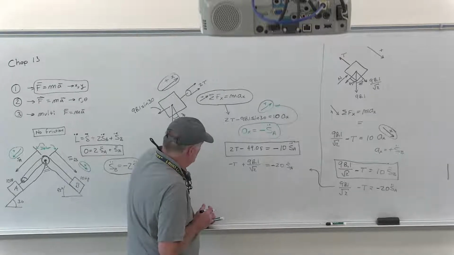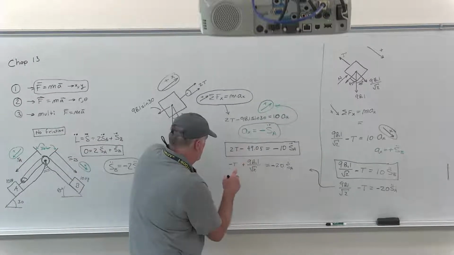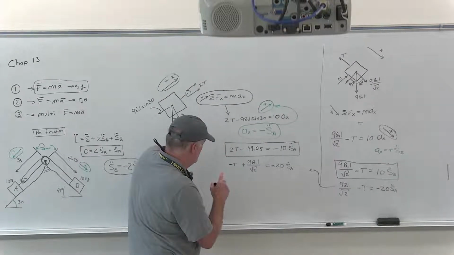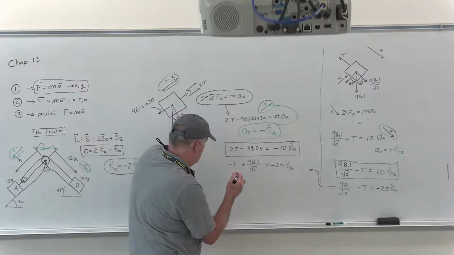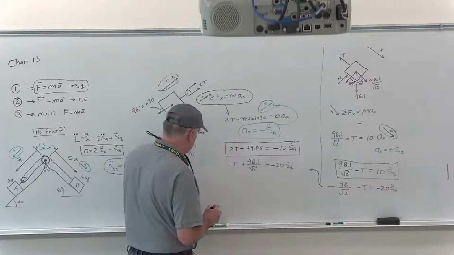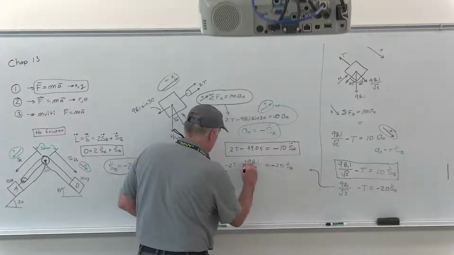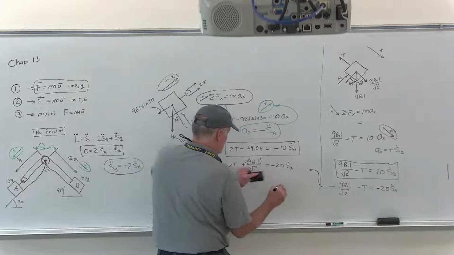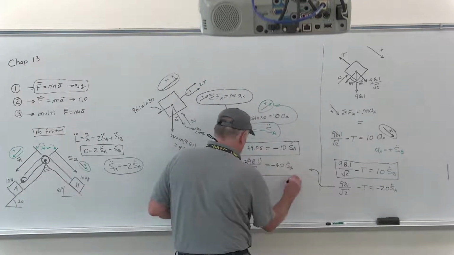Now, depends on what you want to solve for. I can multiply the top equation times the minus 2, or I could multiply the bottom equation times 2. And if I did that, I would put a 2 right here, and I could change that to 40. And now I can just add these equations.